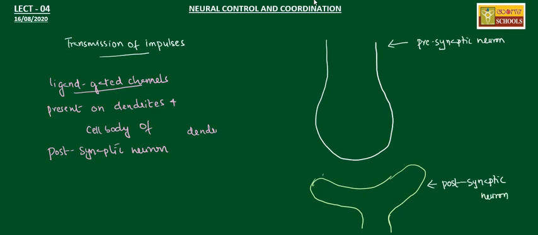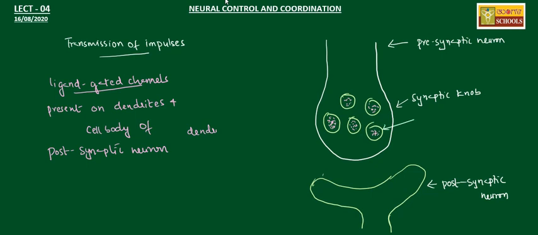And here this is the synaptic knob, and I told you that this synaptic knob consists of synaptic vesicles. So these are synaptic vesicles, and they contain neurotransmitter. For example, the most common neurotransmitter, acetylcholine, is present inside these synaptic vesicles.